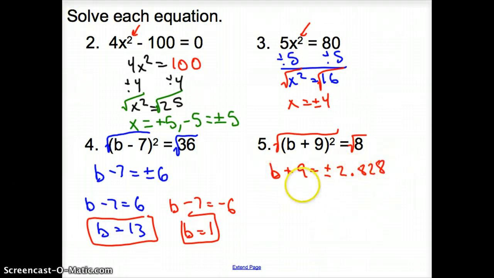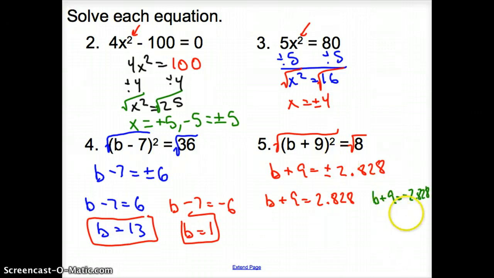Now we have to set this up and solve for b. Well, we have b plus 9 equals a positive 2.828, and we have b plus 9 equals a negative 2.828.